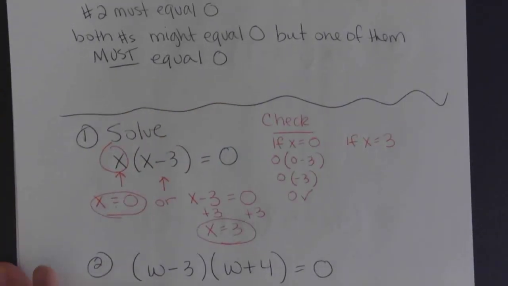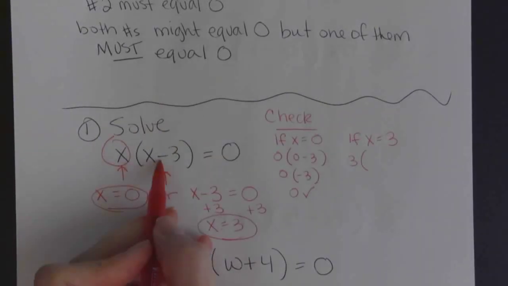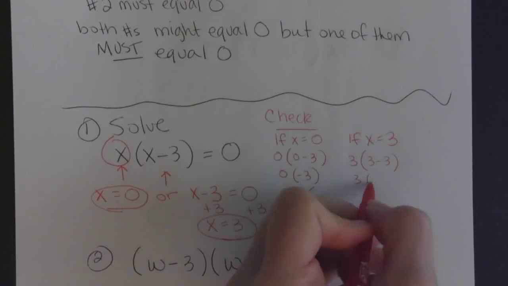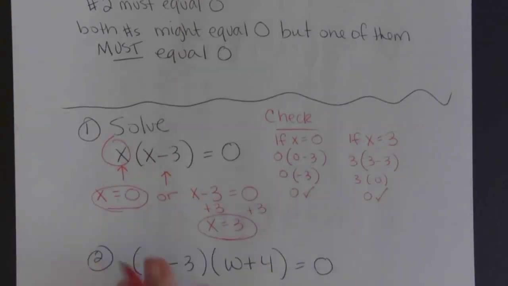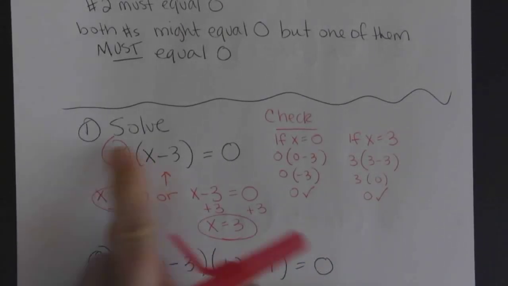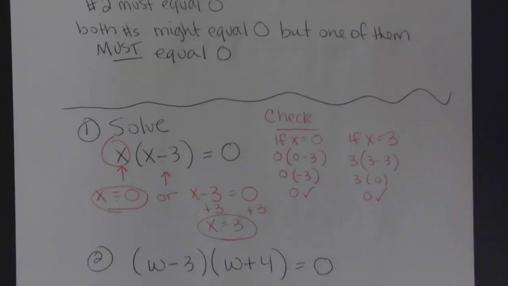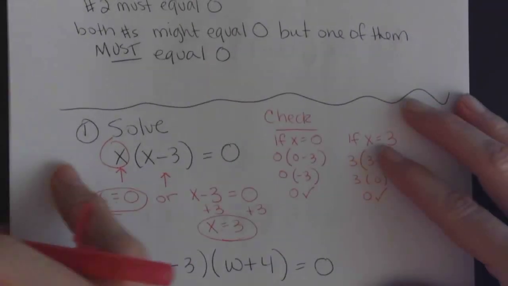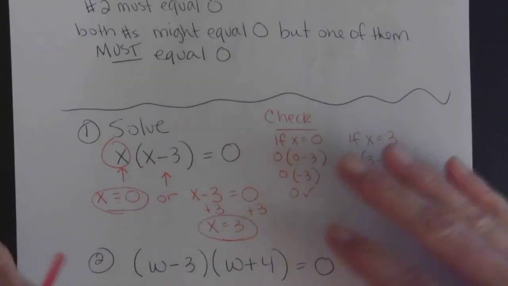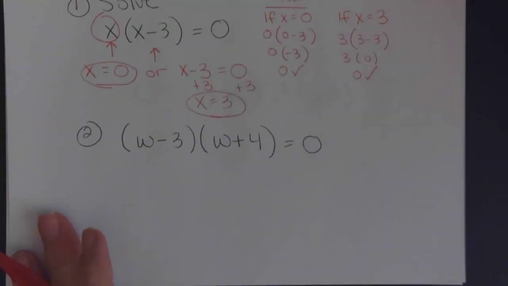So if x is 3, we would have 3 times 3 minus 3. And that would be 3 times 0, which is also 0. So either one of these answers is going to make this product 0. That's all we're doing today. That's called the zero product property. Now, I have a method to my madness. I'm going to go somewhere with this tomorrow, but for today, you're just doing this.